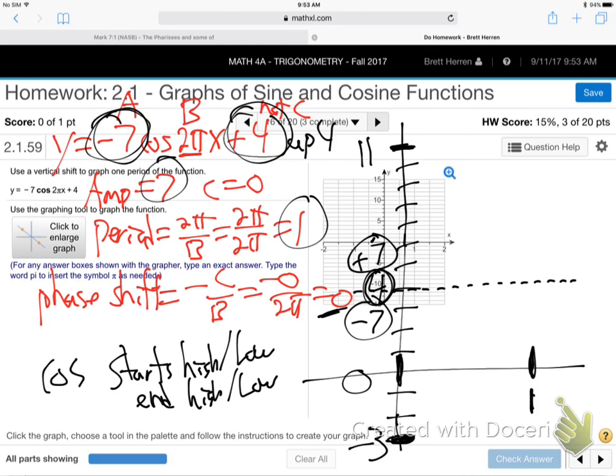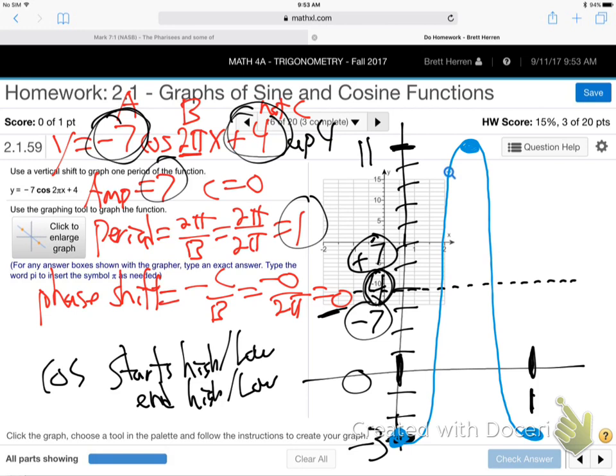So it's going to start low, end low. It's going to start and end at its negative 3, isn't it? Halfway through, it's going to hit the top, its peak up here, like that. There's the basic graph between 0 and 1.